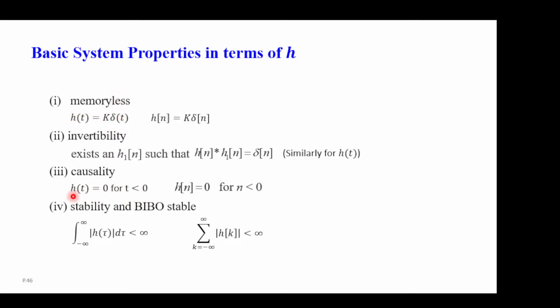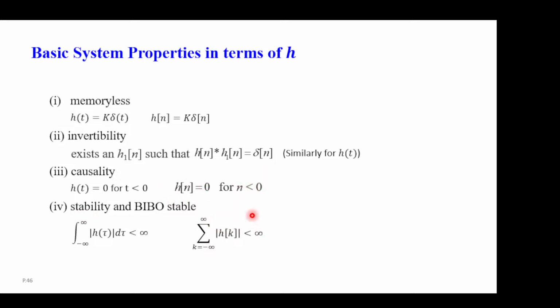It means that your h of t should equal 0 for t less than 0. So it means that if you put the impulse through your system, it shouldn't affect things that happened in the past. And similarly for the discrete time case, h of n equals 0 for n less than 0.